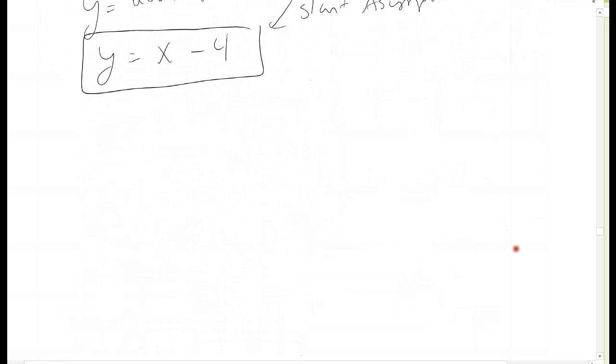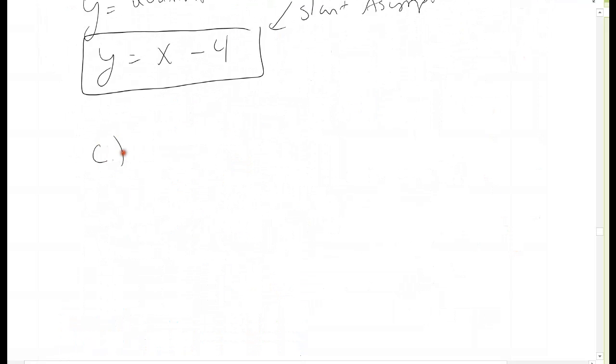Now I didn't ask you, but I'm going to add a third case here, a part C, because I forgot to put it in your notes, the one where the degrees are the same.